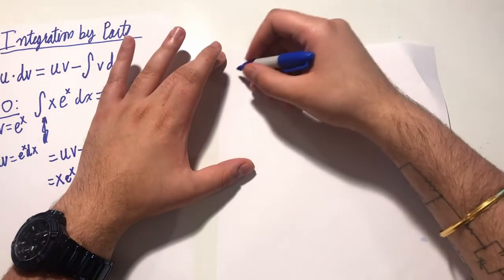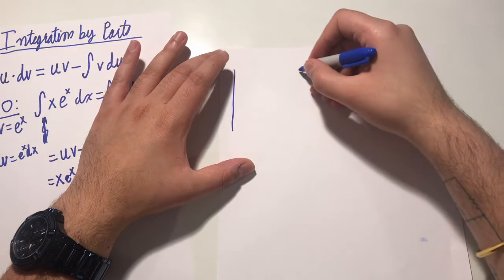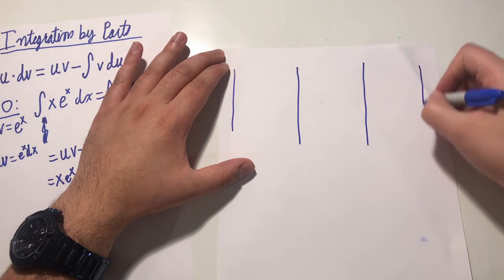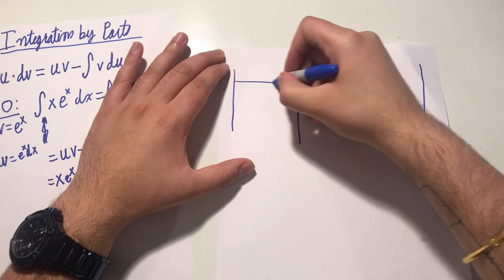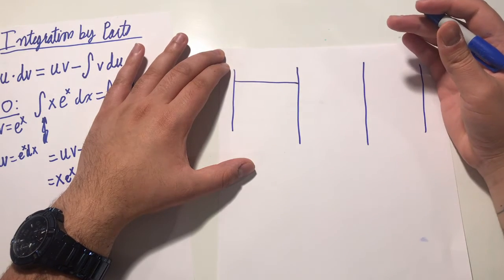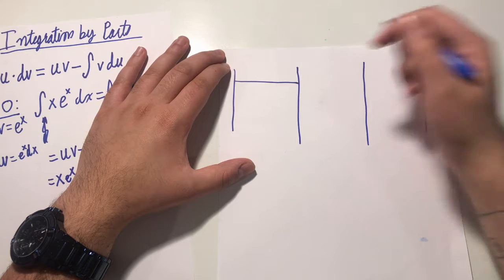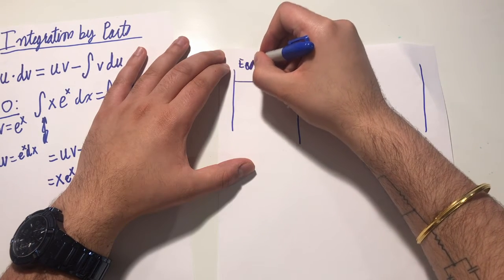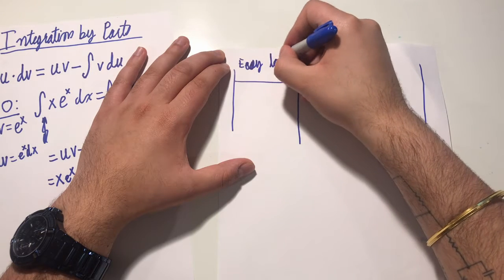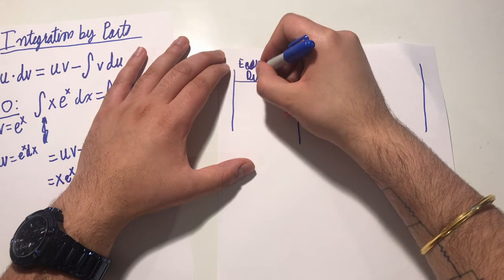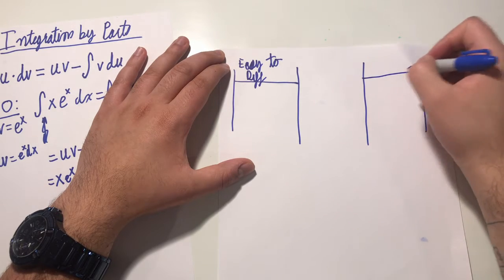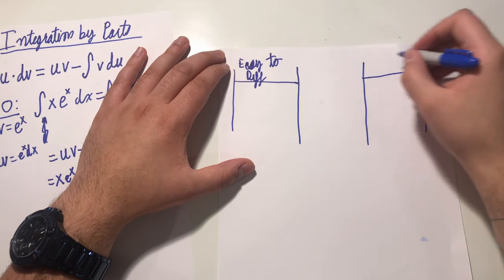So we'll have 3 columns here. And this is kind of how I want you to look at each thing. In this first column, we'll just have all things that are easy to differentiate, right? In this column, we'll have everything that's easy to integrate.